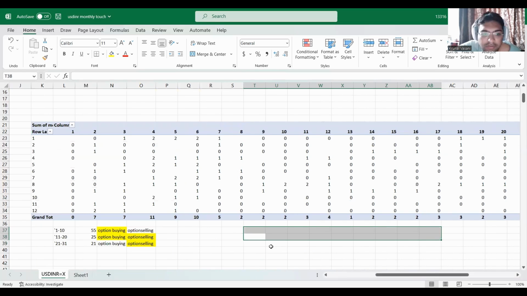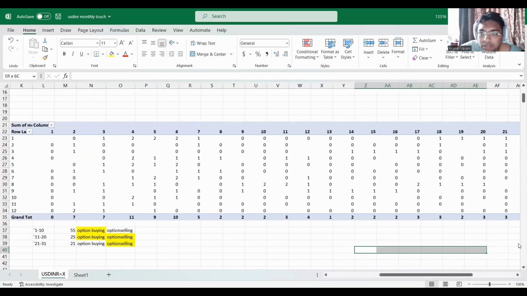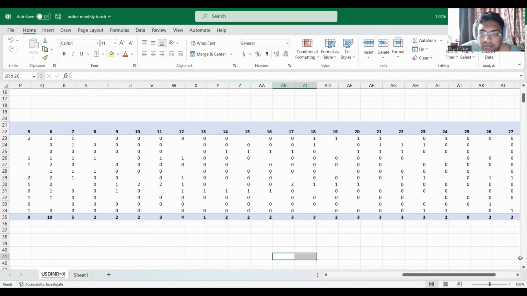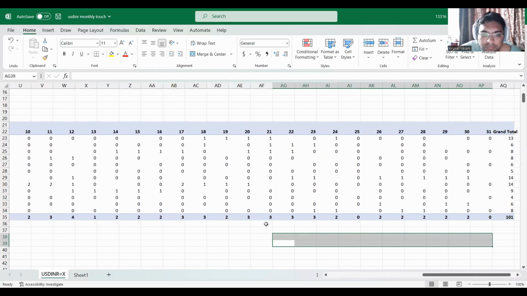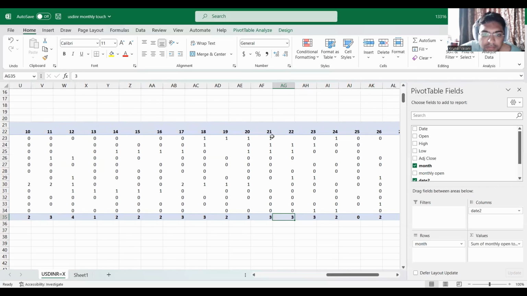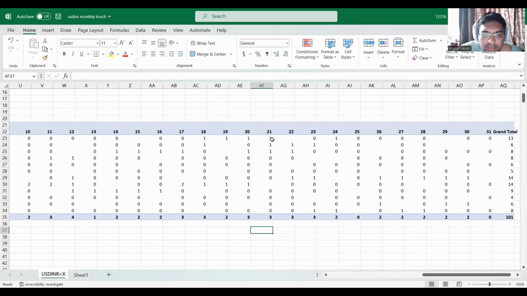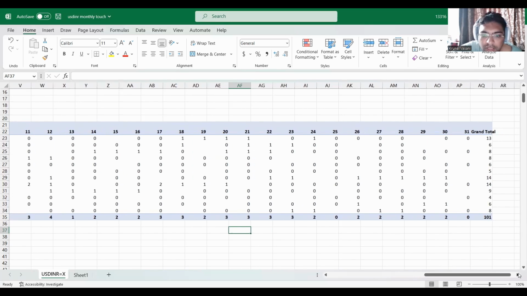If you want to identify and do option selling from the 21st to 31st day, we can get the month from here, right?